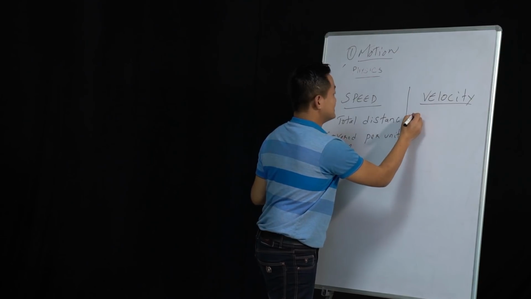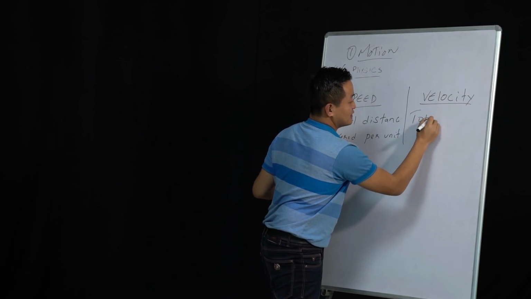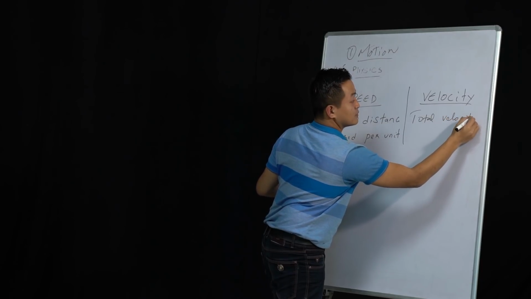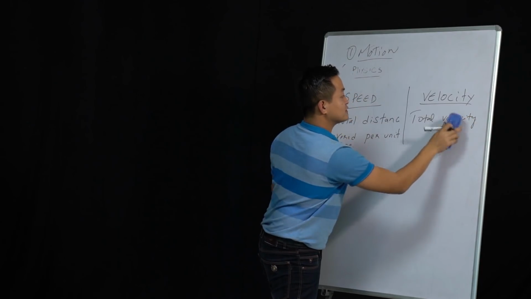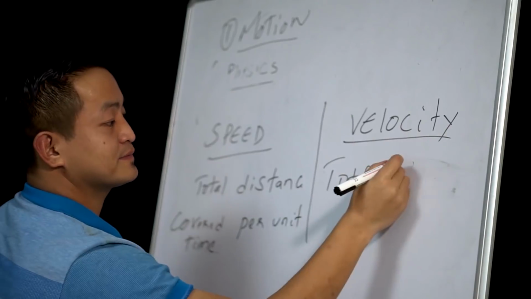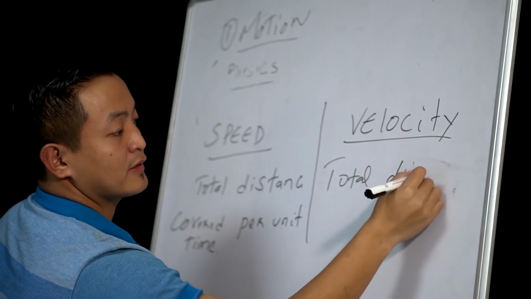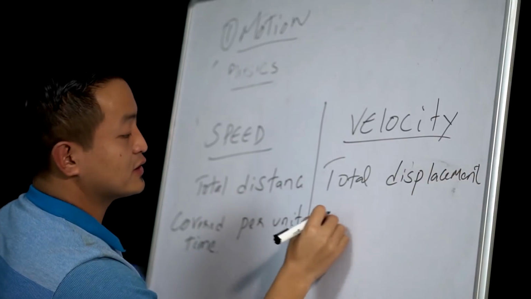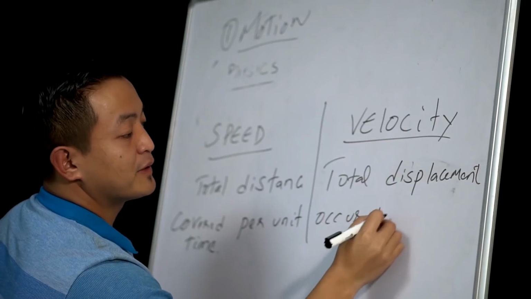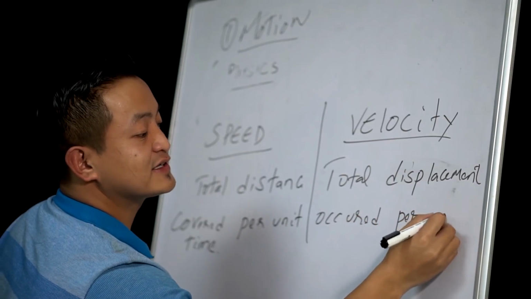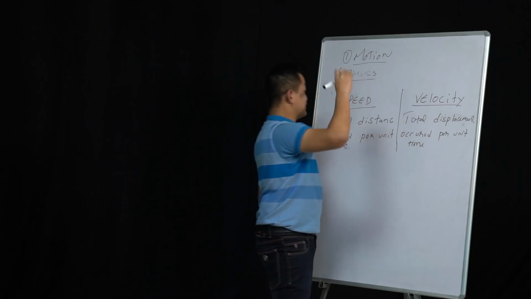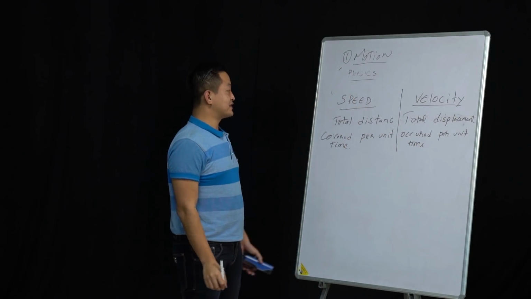So velocity is the total displacement occurred per unit time. So this is the difference between them. One is to do with distance and one is to do with displacement.